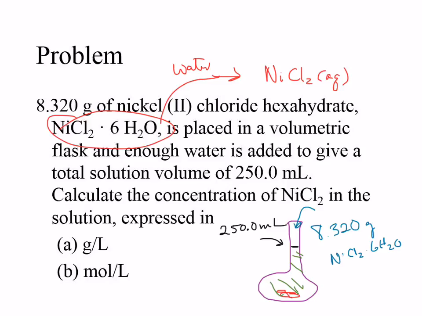My solution volume, I'll put brackets over here on the left. My solution volume is, let's see, I'll put SOLN equal to 250.0 milliliters. 4 sig figs there, right? So that's what we got going on.